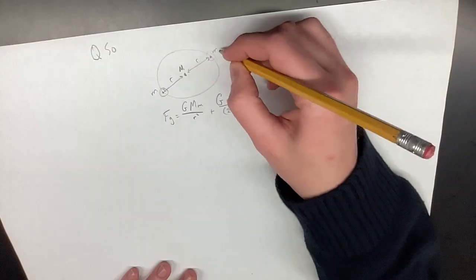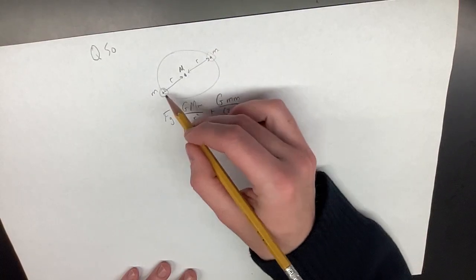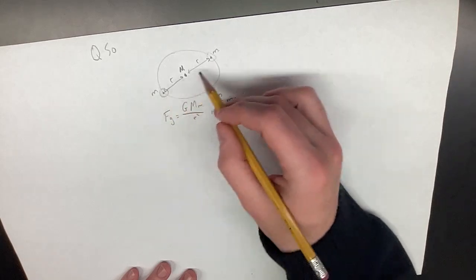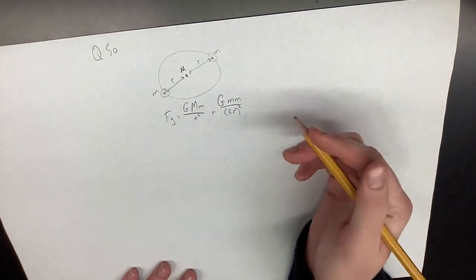If I do the same process, I'll get the same expression: GMm over r squared, GMm over (2r) squared. So that'll be my expression for the force of gravity on it.